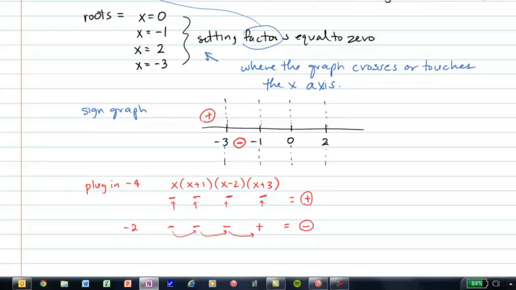So now we keep going. Now we need to pick a value between -1 and 0. So now we're in this area. Logical choice probably -1/2, but you can choose whatever you want. It doesn't really matter because mostly we just need to figure out the signs. So if I choose -1/2, that first term would be negative.